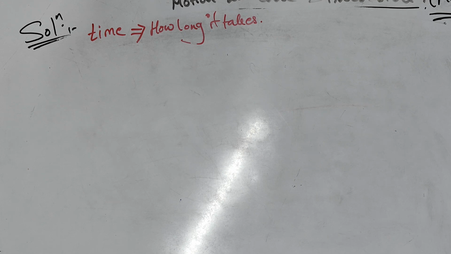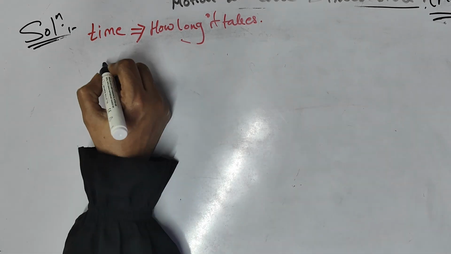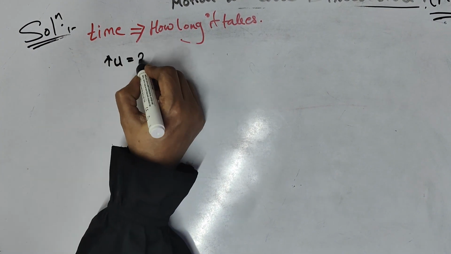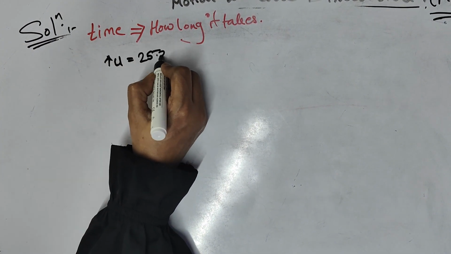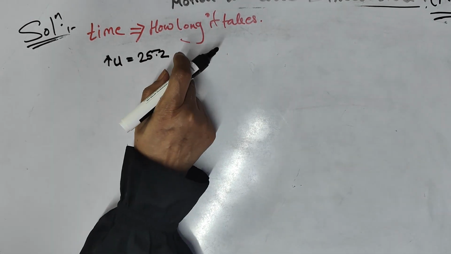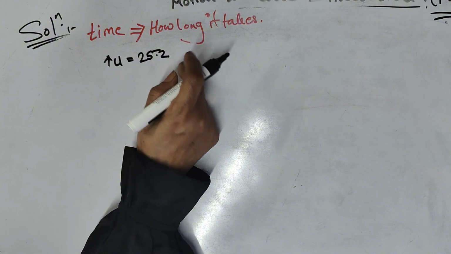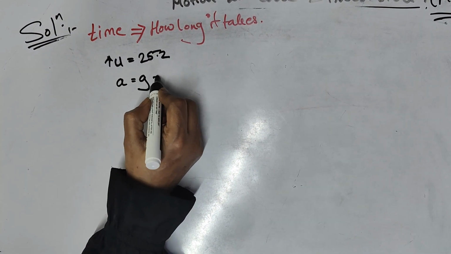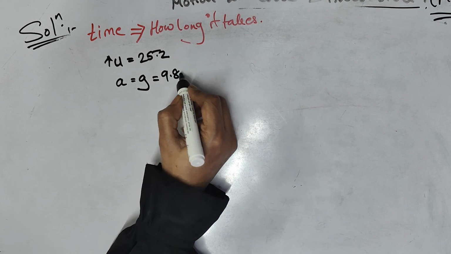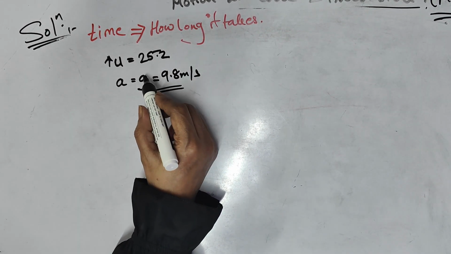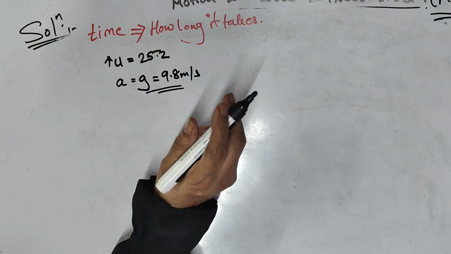Got it. So when we go upwards, say upward, u is equal to 25.2 meter per second, है ना. And here a is equal to g, this is the value for your acceleration, and g is acceleration due to gravity.